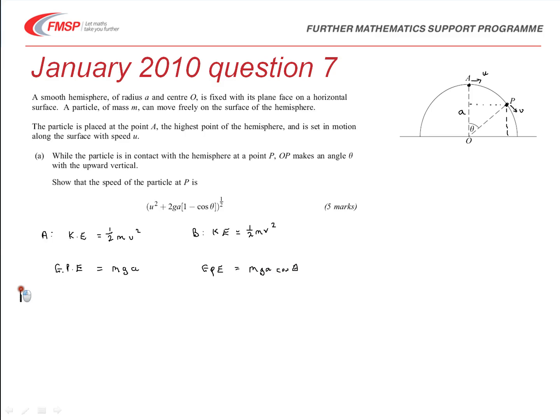So we can then say that by conservation of energy, a half mu squared plus mga equals a half mv squared plus mga cos theta.